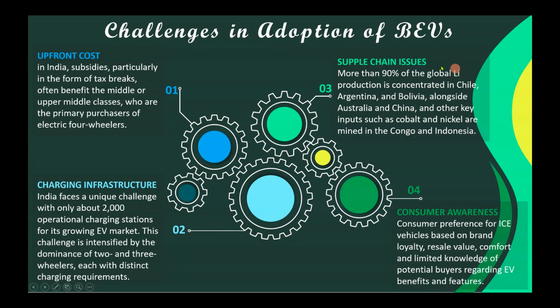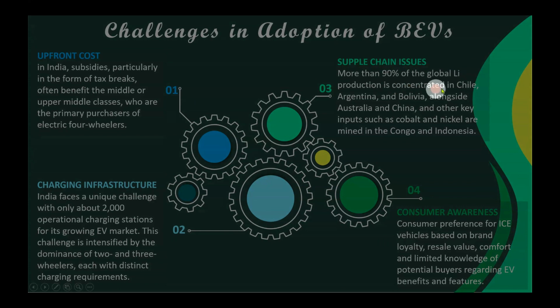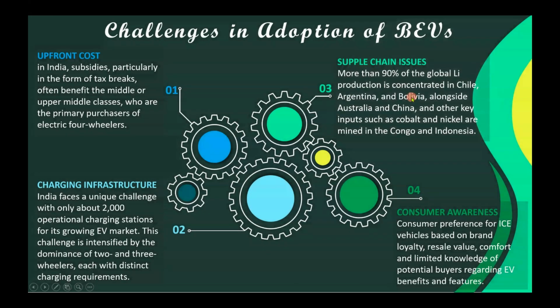You might have heard of a term known as lithium triangle. More than 90% of the global lithium production is concentrated in Chile, Argentina, and Bolivia. These countries in South America constitute what is known as the lithium triangle, alongside Australia and China.